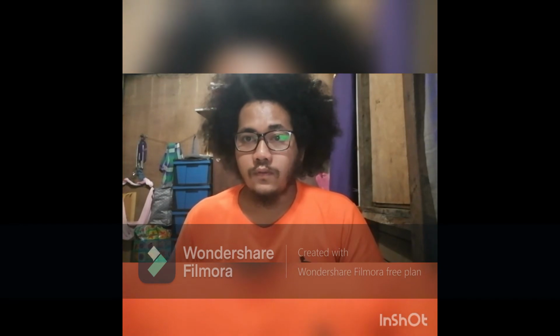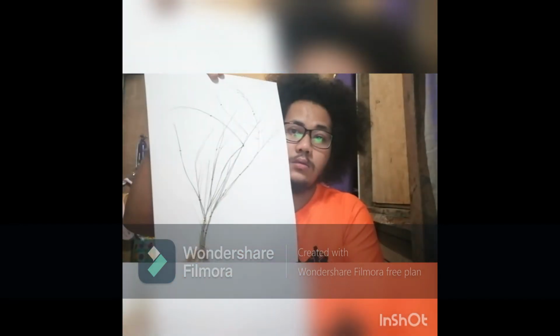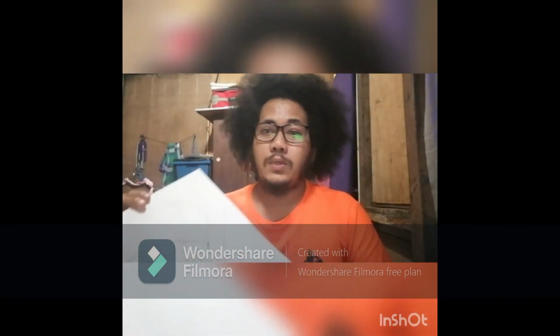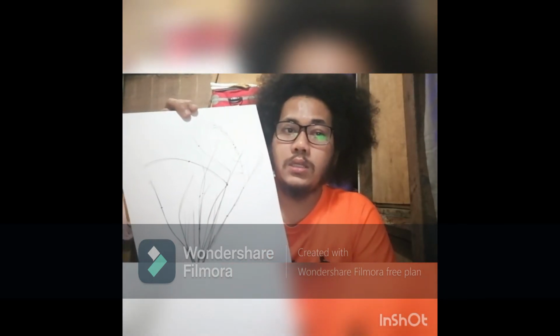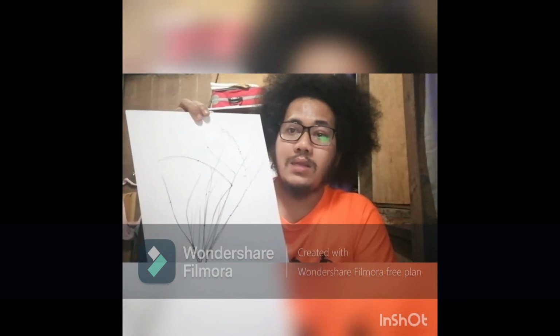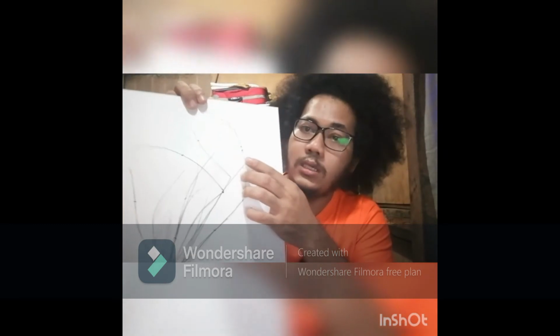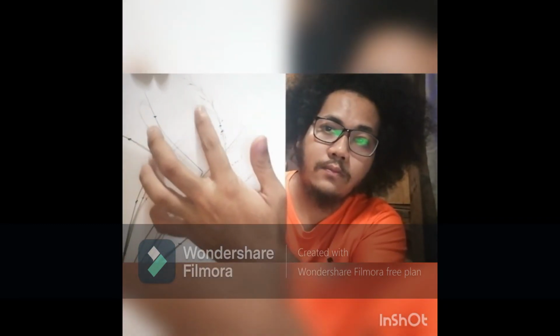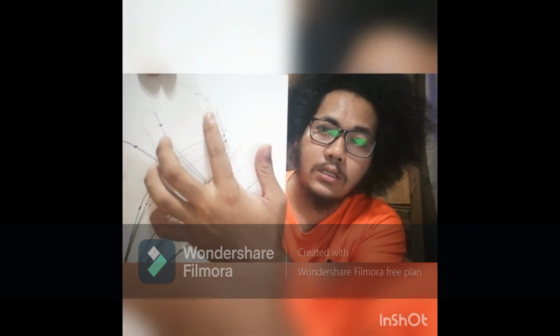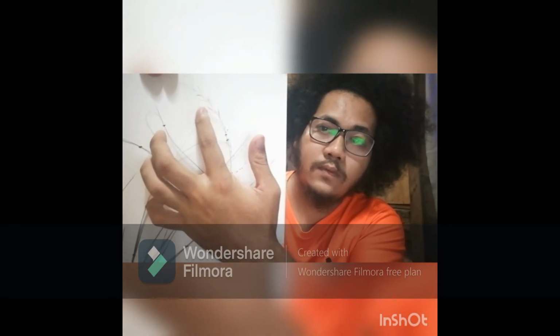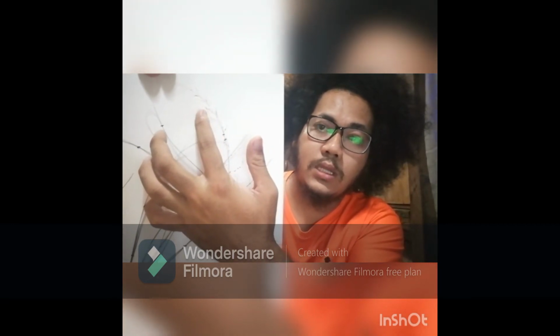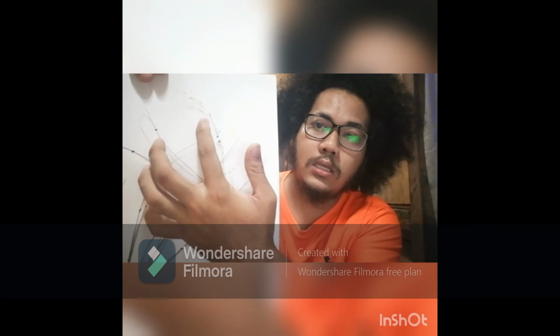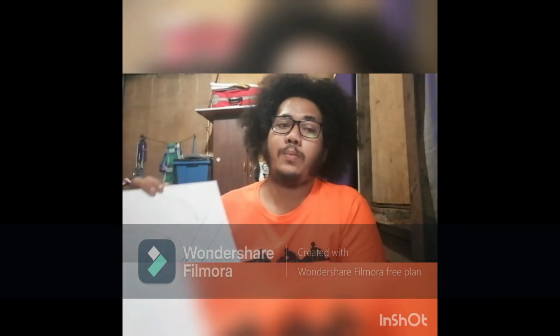The flower of this inflorescence is known as a spikelet. Each spikelet has a rachilla. This is the whole inflorescence, and this is the flower. We call it a spikelet, and each spikelet has a rachilla or pedicel.